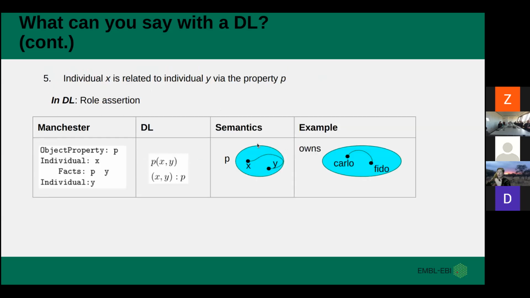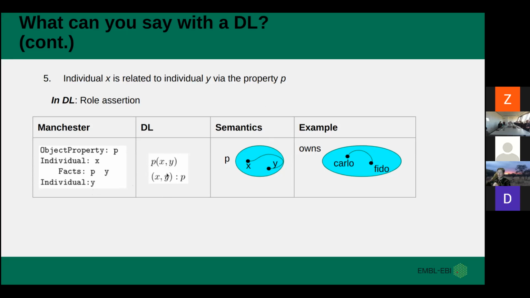Then you also have role assertions. That is to say that one individual relates to another individual. For that, you have defined some object property, and you have your individuals, and you define it as P relating X to Y. This is the DL syntax again.